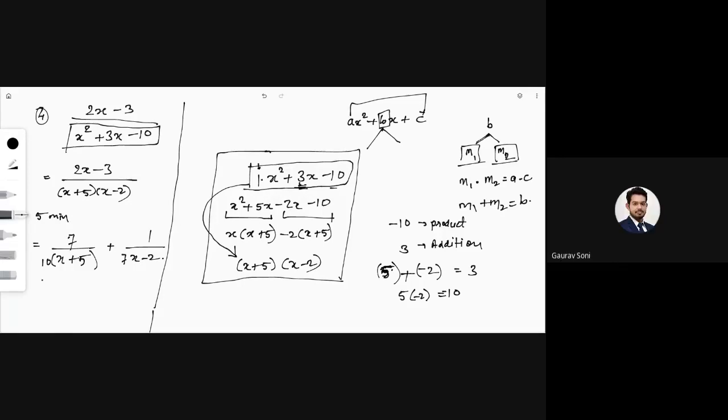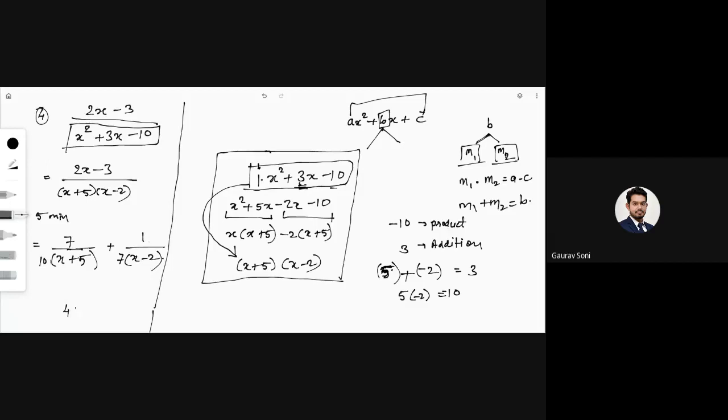I also got 1 by 7 value of B. Yes, so B is 1 by 7. What about A? 7 by 10? A is 7 by 13. No, 7 by 10, I think so. What you have got? 7 by 10 and one have got 7 by 13.